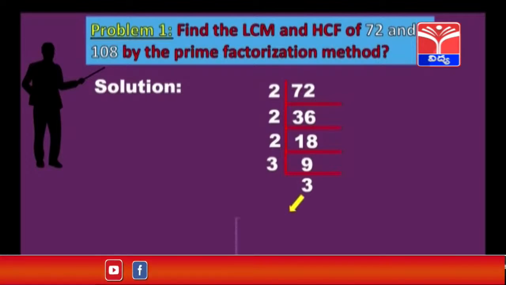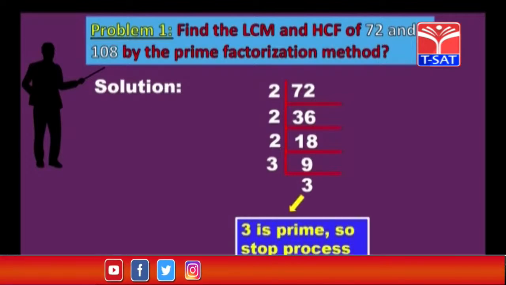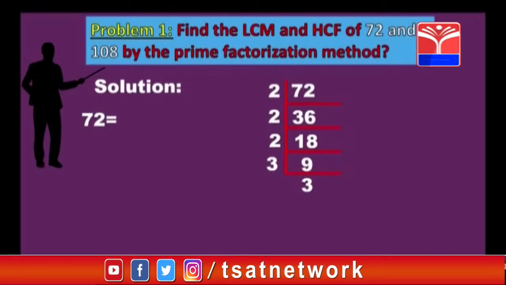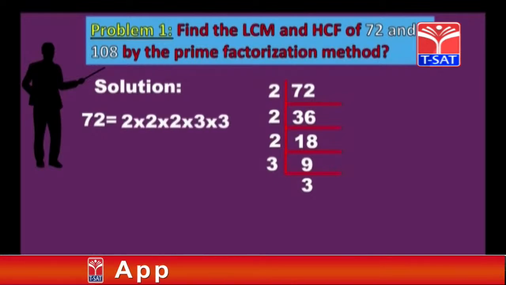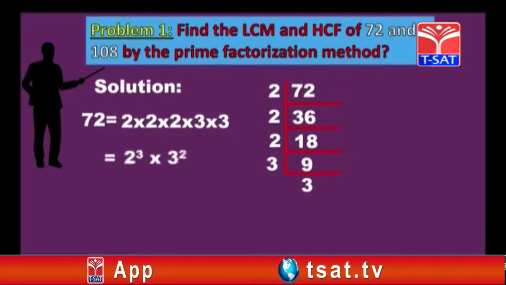So here 3 is a prime number, so we are stopping this process here, which we can write as 72 is equal to 2 into 2 into 2 into 3 into 3, which can be written in the power form as 2 power 3 into 3 power 2.